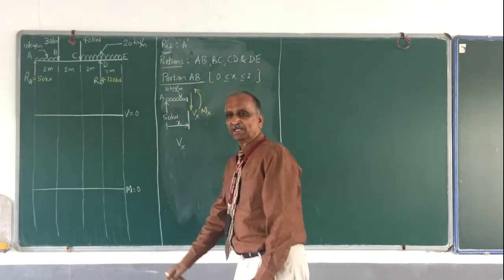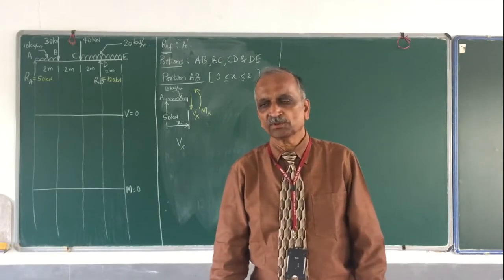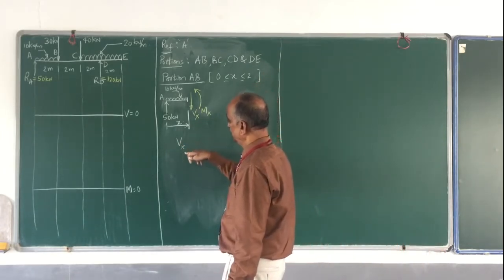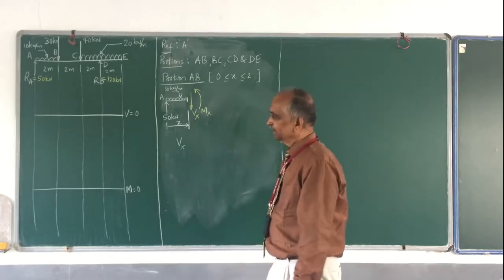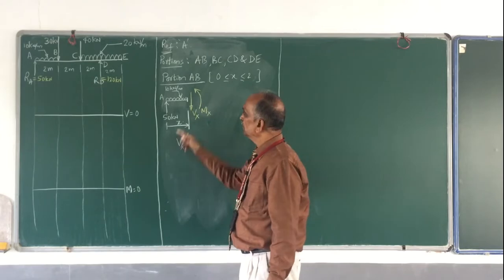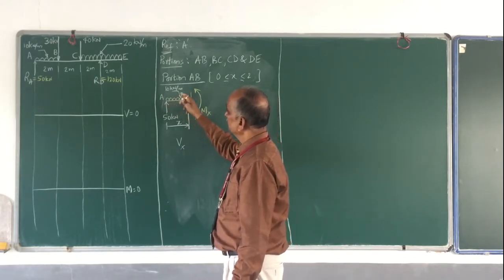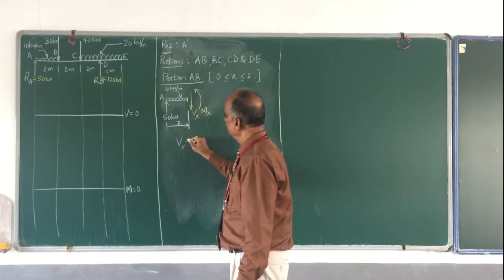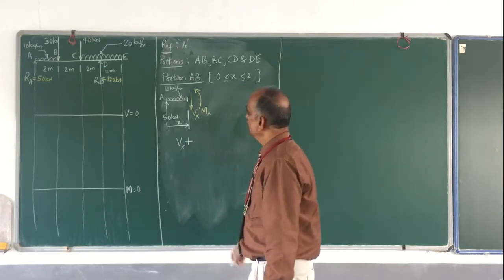Once you draw this, it is very simple. First, apply the equilibrium conditions. Resultant force equal to 0. When you start writing the resultant force equal to 0, I always start with Vx. So that means the downward force is positive. Then this 10 kilonewton per meter, that force is downwards, therefore it is plus. So how much is that?